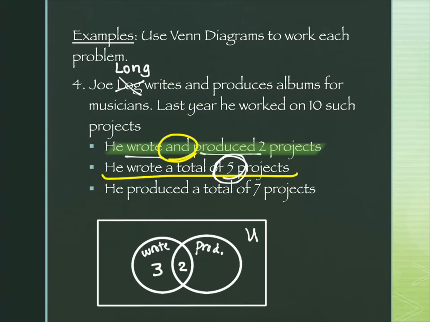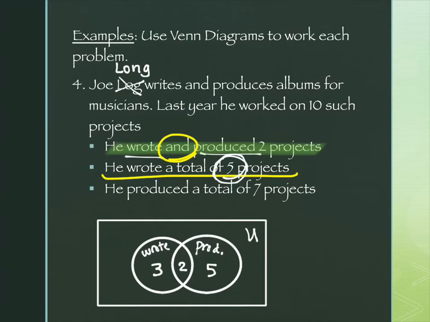What number will go in the outer region? 5. Why is 5 in the outer region? Because he wrote and produced 2, and I already put 2 of them in there. So now the 2 in the middle and the 5 on the outside will add up to the 7 that is the total that he produced. Okay, everybody good so far?